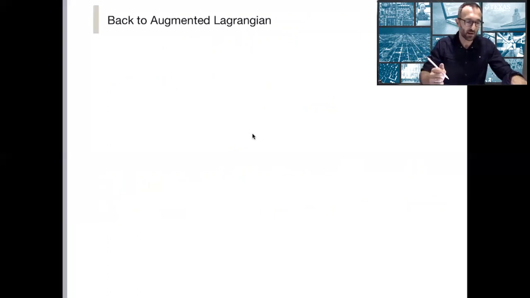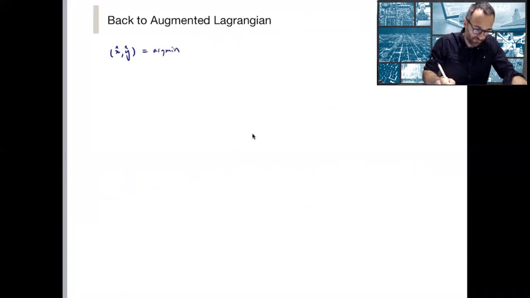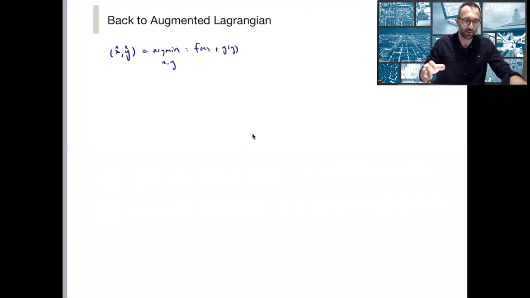So remember the augmented Lagrangian method. I wrote it down in the first slide today. And the key step there is to solve x hat, y hat equal to the argmin over x, y of f of x plus g of y plus the Lagrangian plus the augmented Lagrangian term, or we can equivalently write this by completing that square. And again, because we're looking at an argmin, we don't care about adding constants.